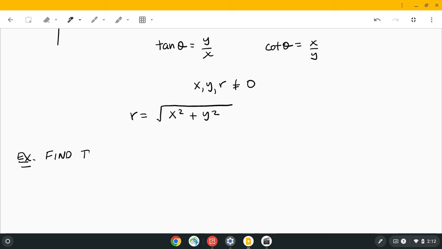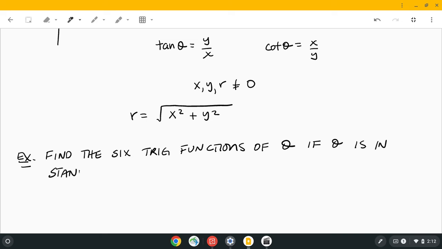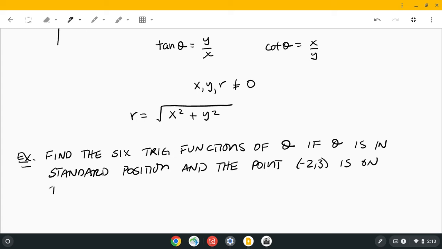Find the 6 trig functions of theta if theta is in standard position and the point -2, 3 is on the terminal side of theta.